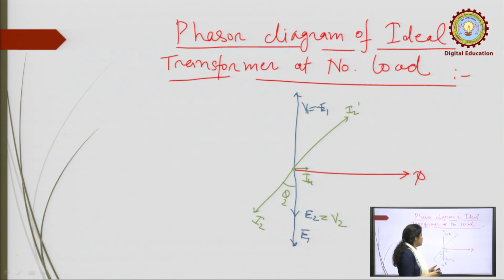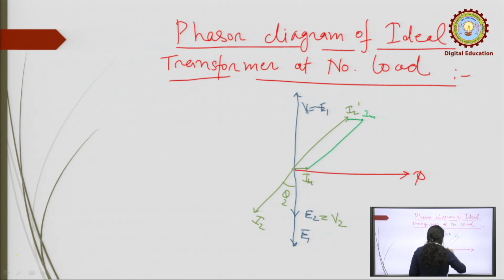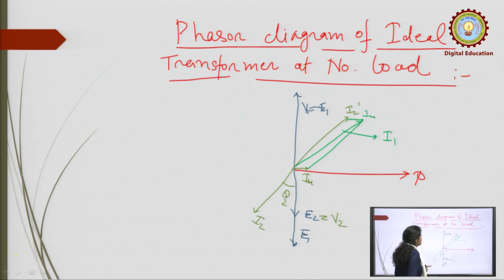Now, in the primary side two currents are flowing. One is Im, the magnetizing current, and the other is the load current. The magnetizing current is required to produce a flux which is confined within the core, that is the useful flux, and I2 dash is due to the loading effect. So the total current flowing in the primary is the phasor sum of I2 dash plus Im. If this is Im, we can combine this and this, and it becomes I1.